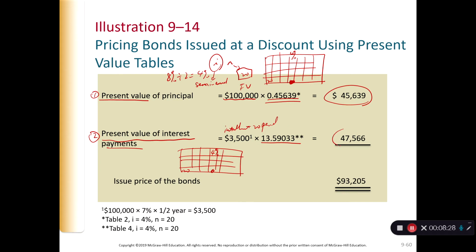Therefore the present value of the interest payment is 47,560. Once you add these two up, you find out the pricing of the bond: when you issue a 7% bond borrowing $100,000, while the interest rate in the market is 8%, you can only get paid $93,205. Okay.